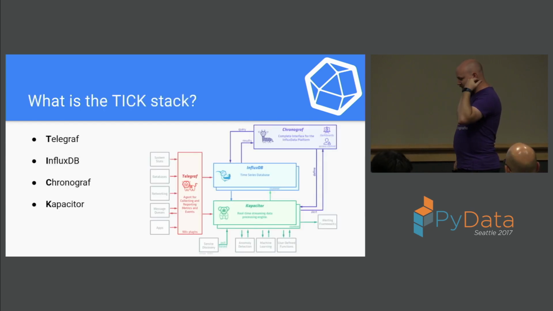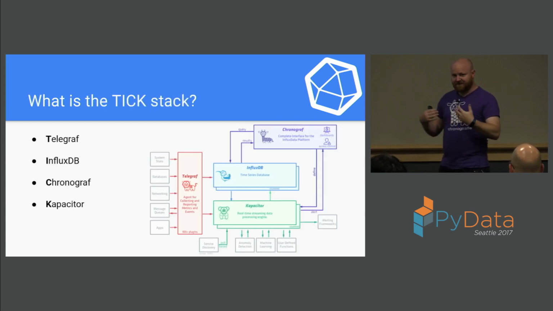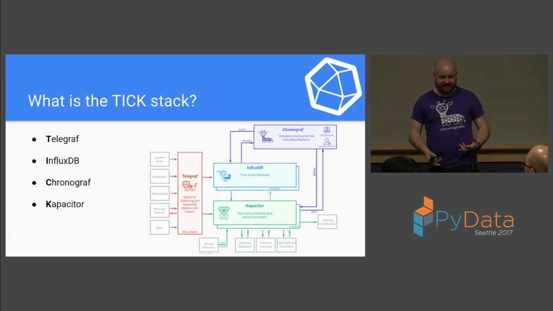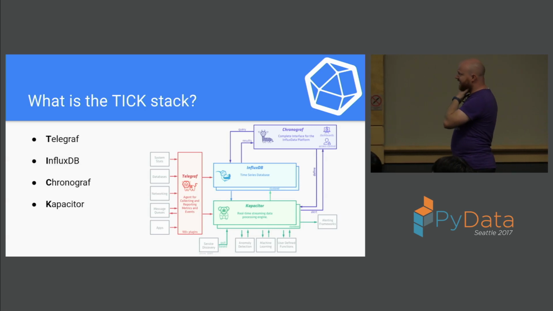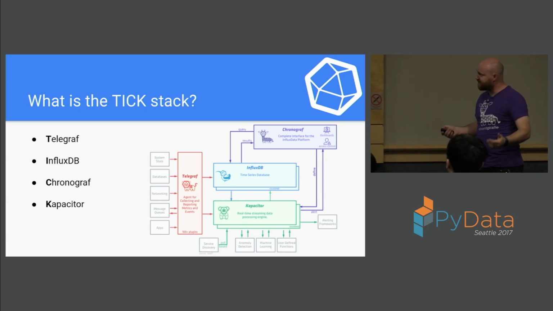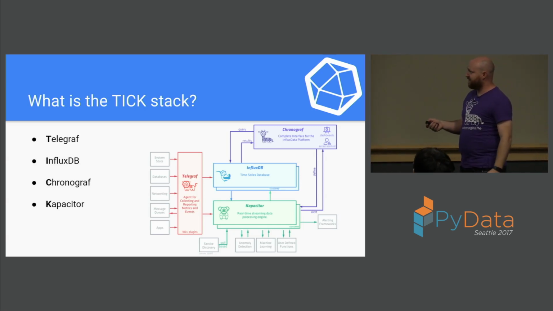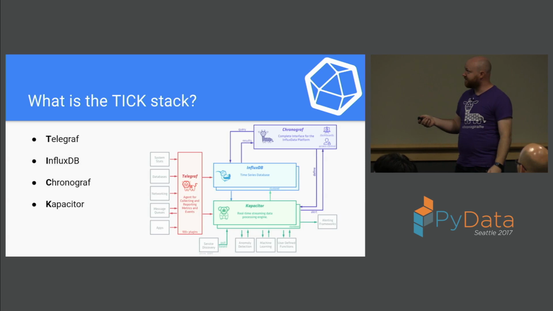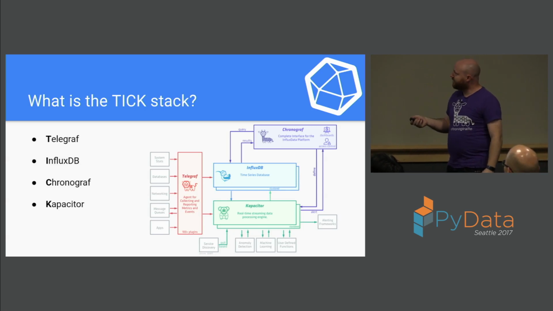Okay, so to do this in a scalable manner, we need a nice platform. This is where the TICK stack comes in. So let's take a minute to learn about the TICK stack. First, TICK is an acronym for the four products that make up the stack. Telegraf is the first piece, and it's over here.